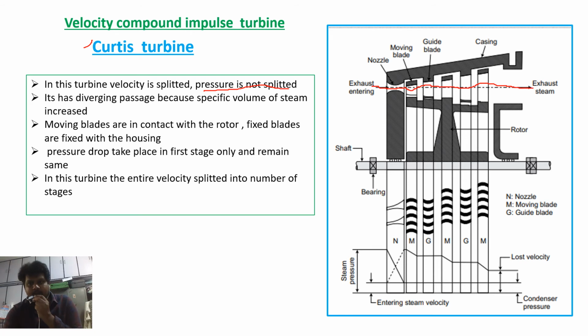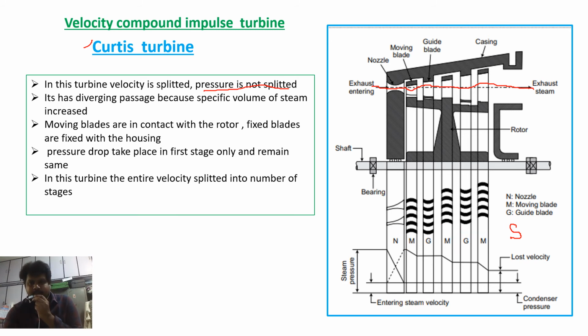This way the steam will flow over the moving blade and guiding blade. Here you can see N denotes nozzle, M denotes moving blade, G denotes guiding blade. The guiding blade is stationary, so it is also known as a stationary blade.